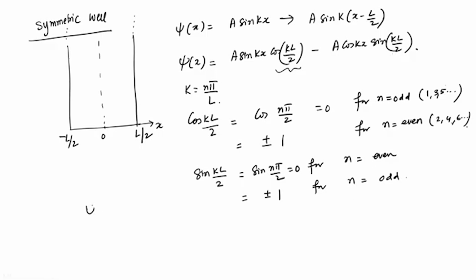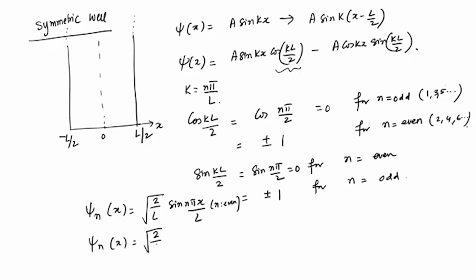So, the solution, psi n of x, is equal to again the same normalization, root over 2 by L, sin(n pi x by L) for n even, and psi n of x is equal to root over 2 by L cos(n pi x over L) for n equal to odd.